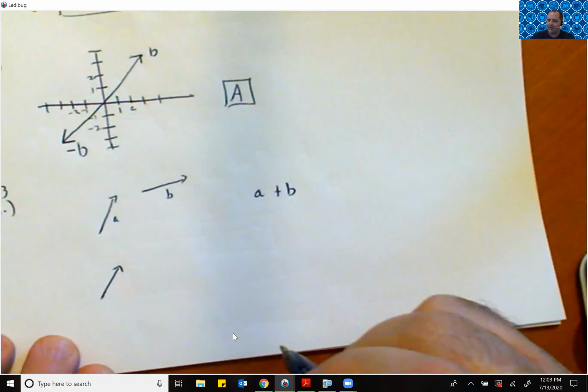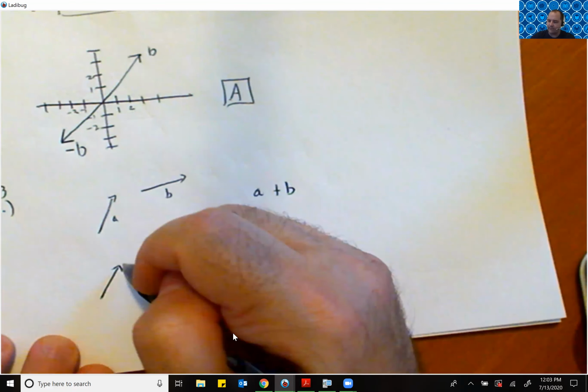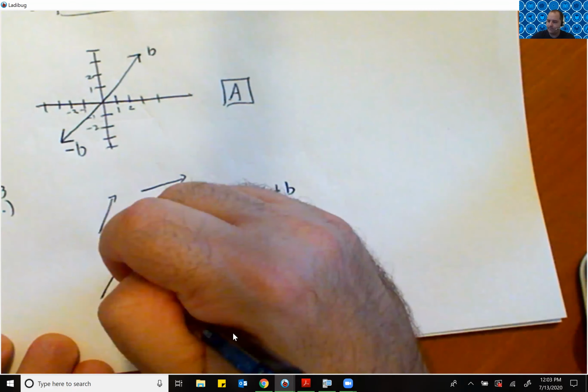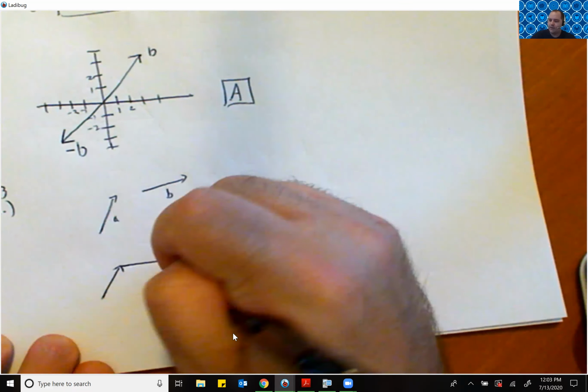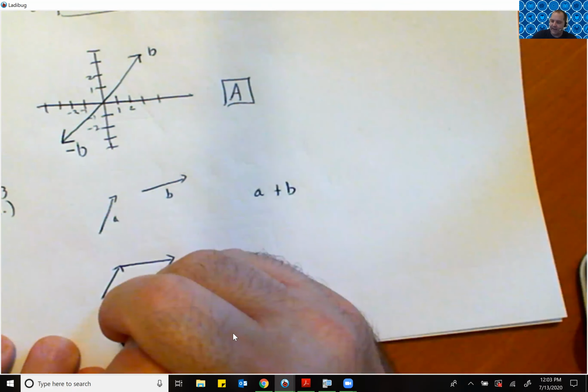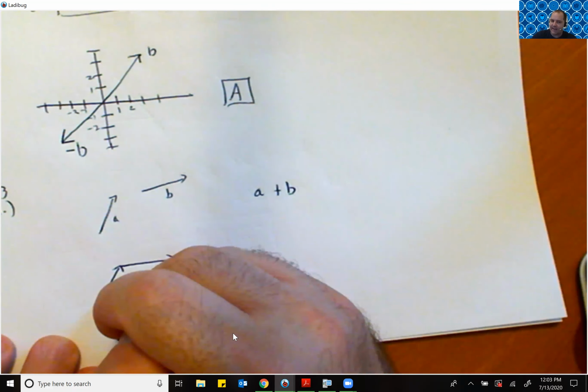And then right at the end of A, where it ends, you draw vector B. And when I connect from the beginning to the end, that is A plus B.